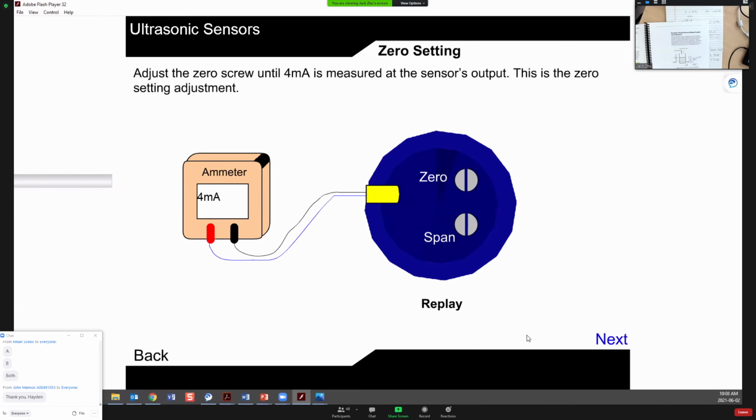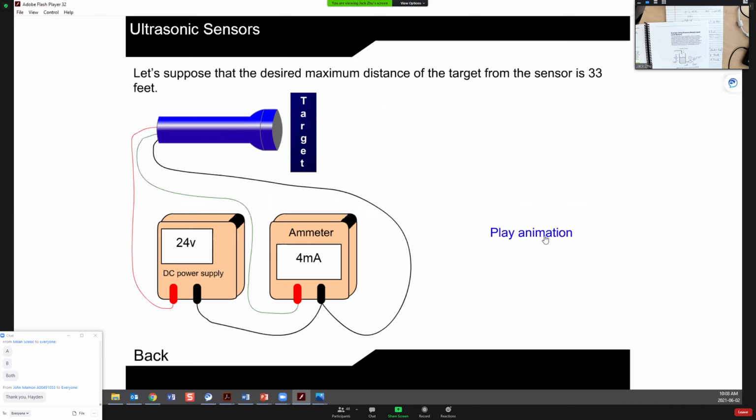Usually those sensors have some adjustment, so you can adjust them.